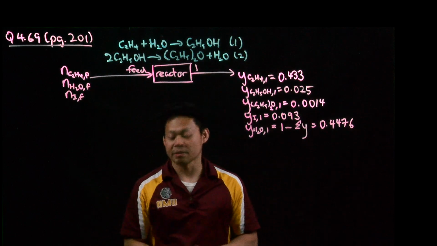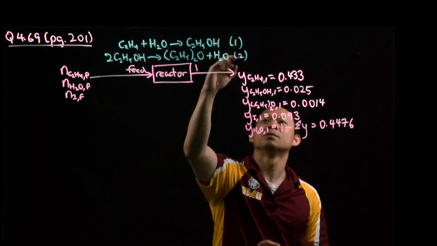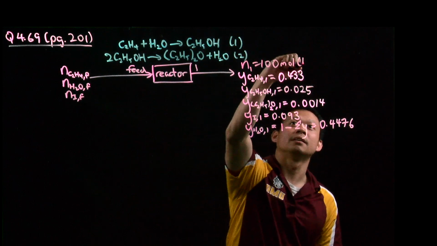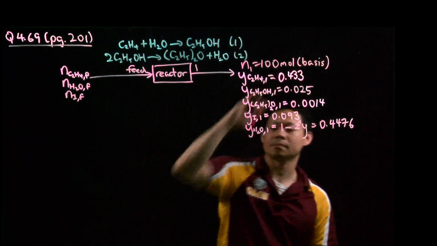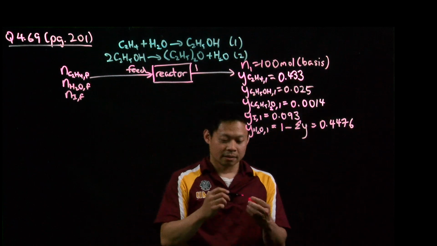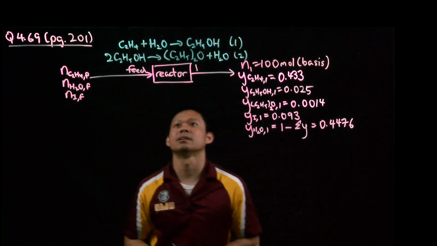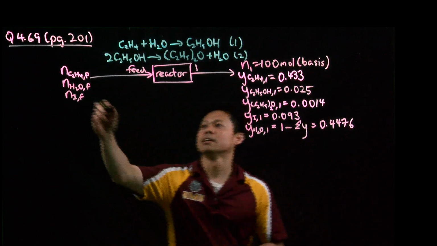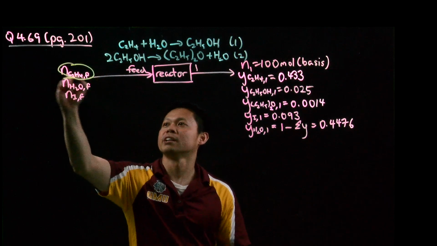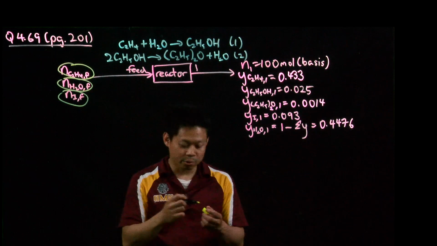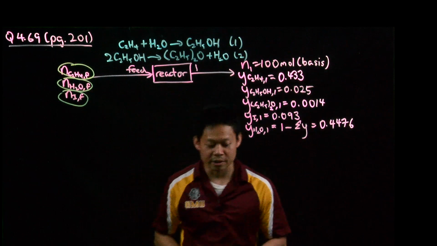We are told to take a basis of 100 moles of the effluent gas, so our basis is N1 equals 100 moles. That's our fully labeled diagram. Everything we need is accounted for in this diagram. We actually only have three unknowns, all on the feed side, so we only need to solve for three unknowns.